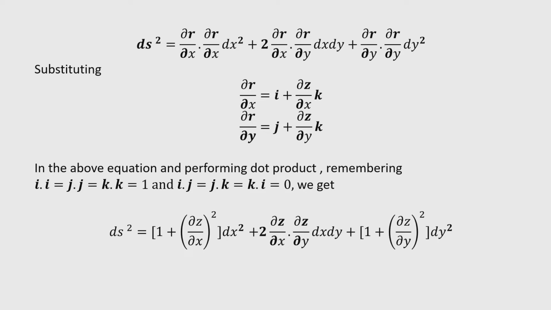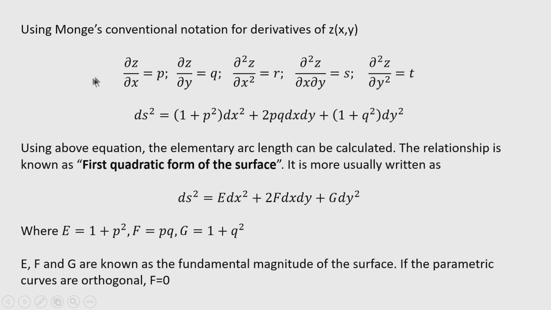So, further denoting this del z by del x by p, there is a convention that is used by one author Monks in shell structure, and this convention is followed in differential geometry to represent the surface, parametric form of the surface. So, we generally represent the slope by p.